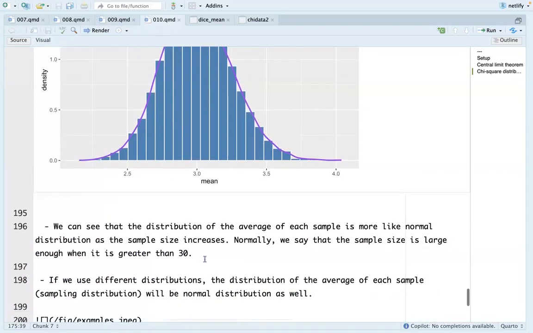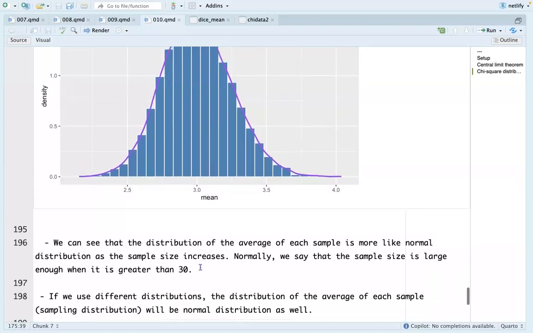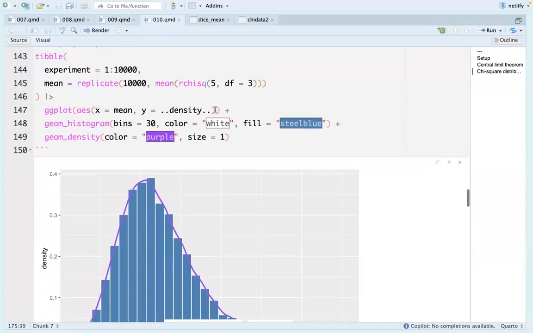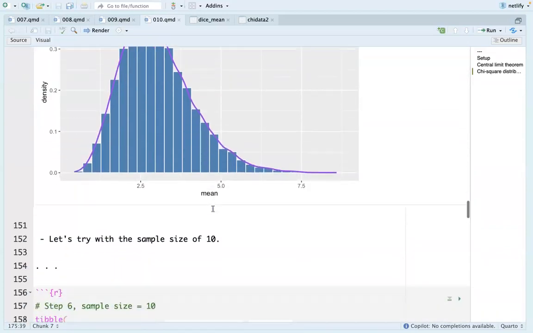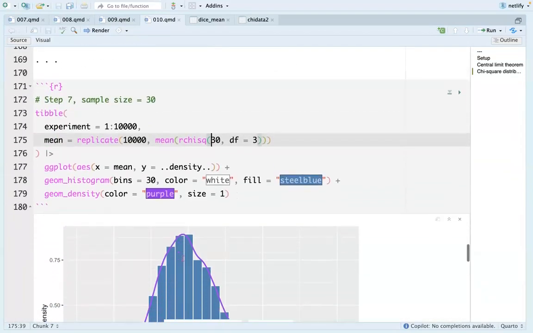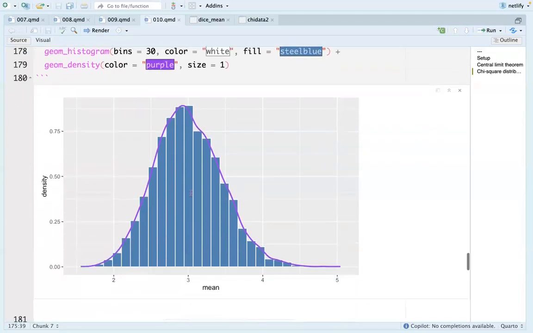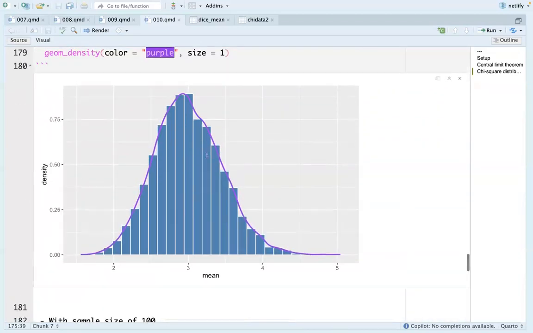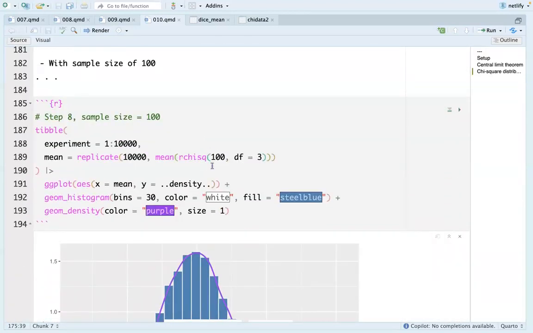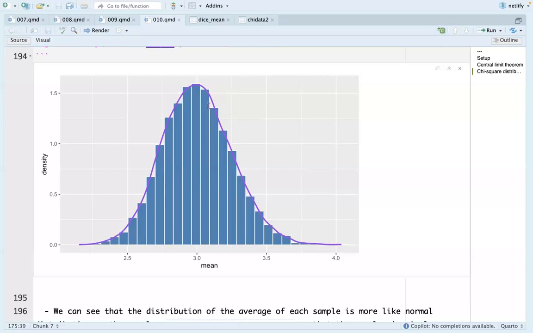So we get the idea that the distribution of the average of each sample is more like a normal distribution as the sample size increases. We tried sample sizes of 5 and 10, and 30. 30 is very close to a normal distribution, and with a sample size of 100, it's almost a perfect normal distribution.